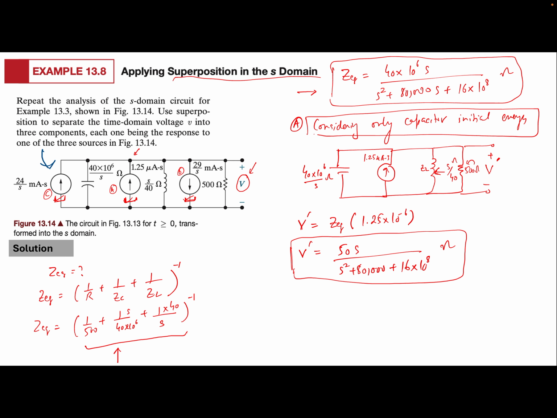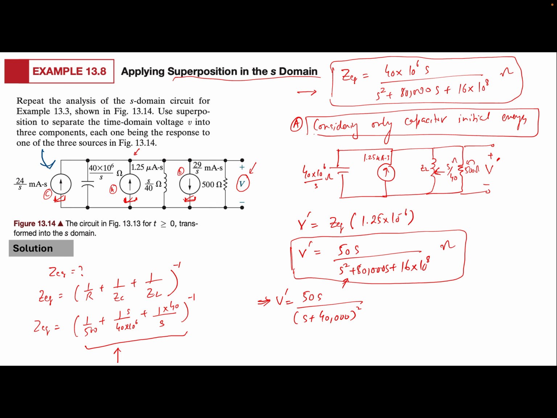Now, I have seen this problem so many times in the past. We have solved many partial fractions like this, so I'm not going to follow all the steps, but I still want to show you the answers on how to solve that. So for example, you can write V dash as 50S over S plus 40,000 whole square. So for example, if you were to solve this, S squared plus 80,000 S, sorry, plus 16 times 10 to the 8, it should come out to be S plus 40,000 whole square.